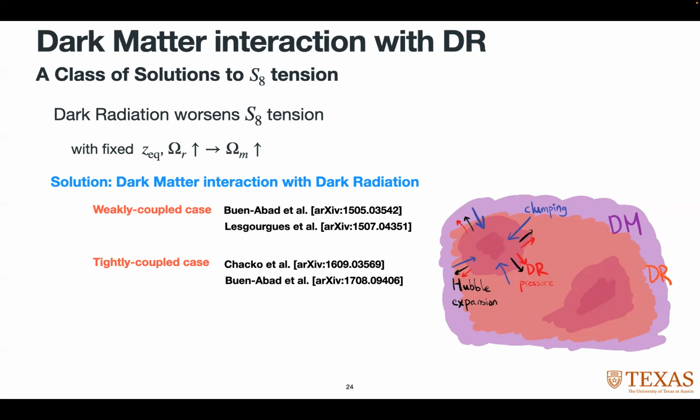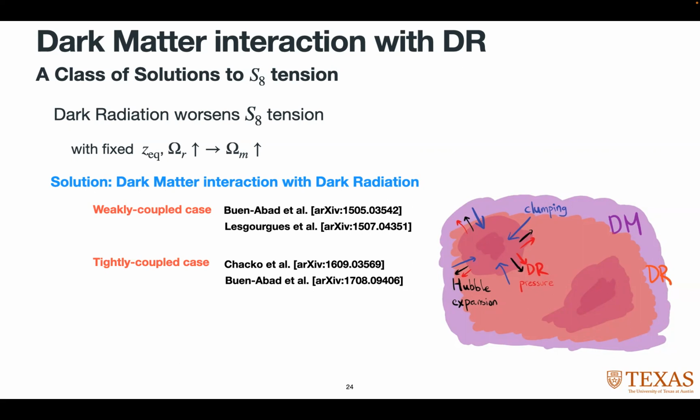Since dark radiation is also relativistic, the interaction between the dark matter and dark radiation gives more pressure against dark matter clumping. So we can prevent this. We can reduce this dark matter clumping. So this can help with the S8 tension.